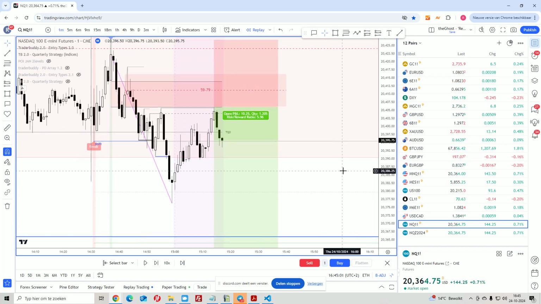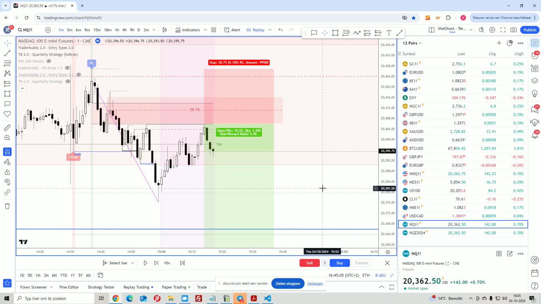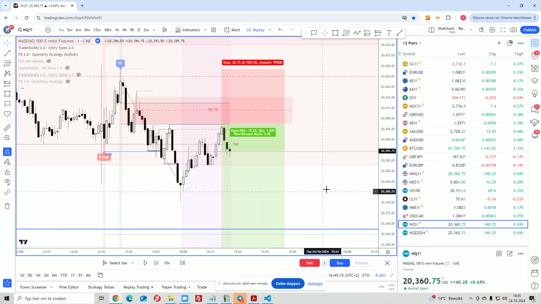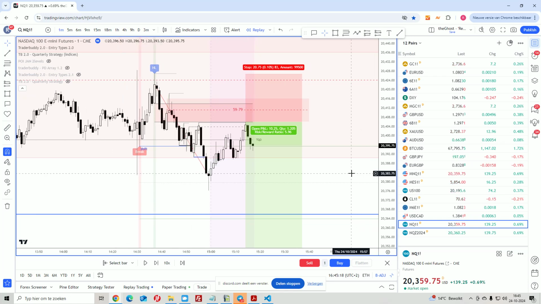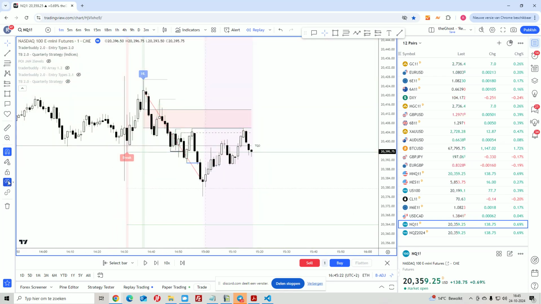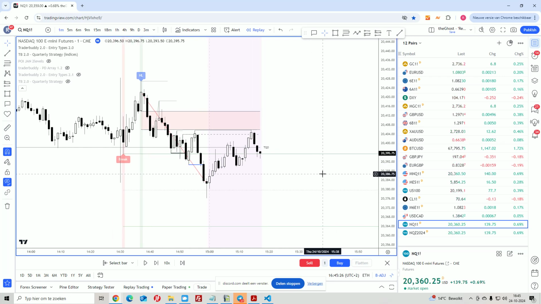The other entry is the 7 step, or actually the 1, 2, 3 FIP entry. We also have the 1, 2, 3 FIP entry. Let's look at that one. Okay. And now you see, and we have to remove some stuff, otherwise you don't see. I entered after the high of 1430.